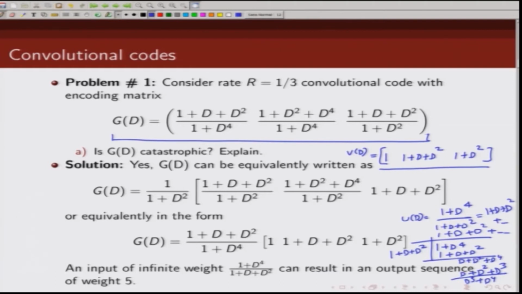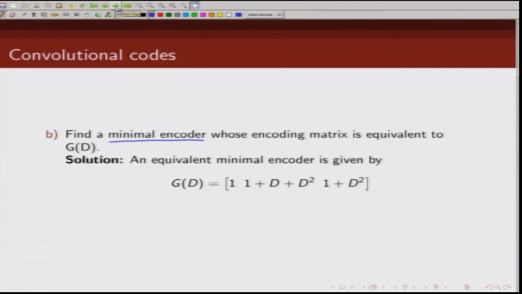If we take out common factors, then what we get is our minimal encoding matrix. And if I ask you to draw this encoder, k is 1, n is 3, the maximum memory is 2.